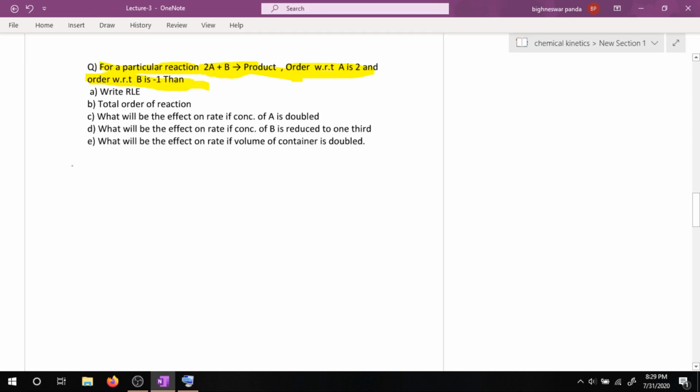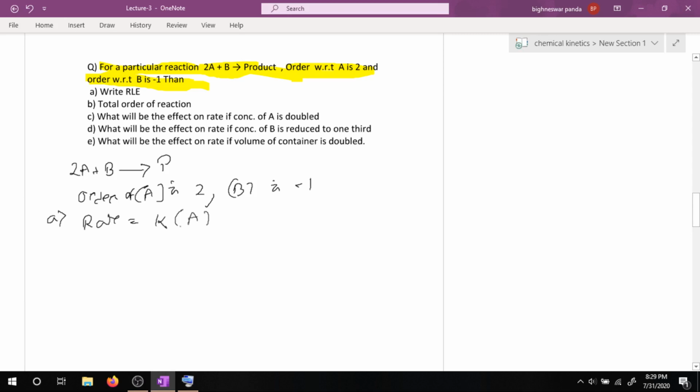I have a reaction 2A + B gives product, and the order of A is 2, B is -1. Here I am solving the first question, that is A: write the rate law expression. So I can write rate is equal to K [A]^2 [B]^-1. This is the first answer.